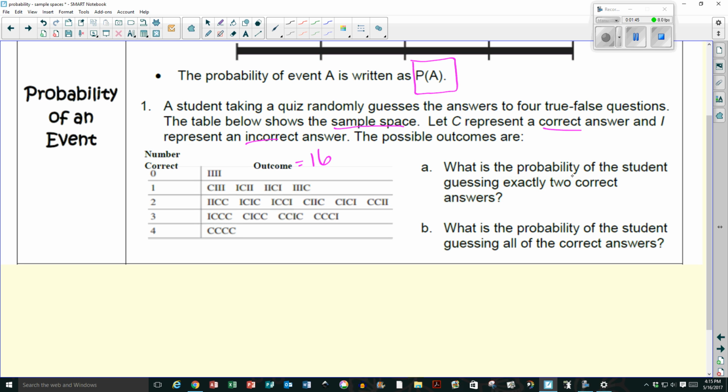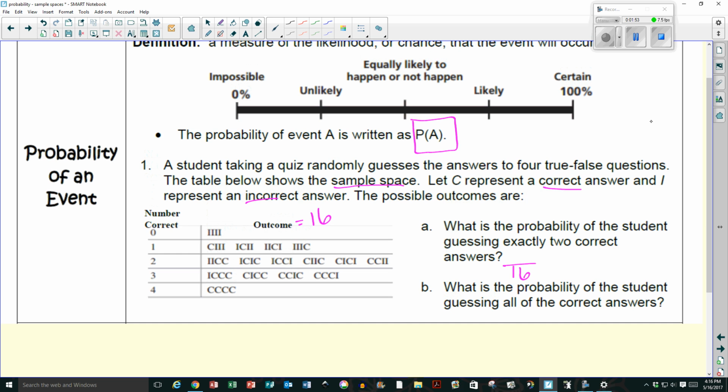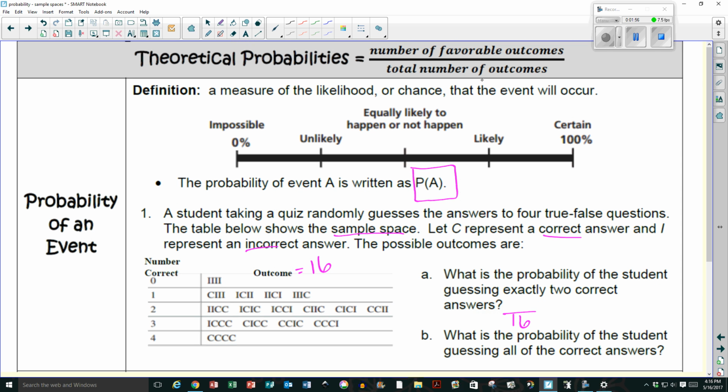So what is the probability of the student guessing exactly 2 correct answers? Well, there are 16 possible ways, because it's the total outcomes, which there are 16, but favorable is we want exactly 2 correct answers. So I see that there are 2 here, 2 here, 2 here, 2 here, 2 here, 2 here.